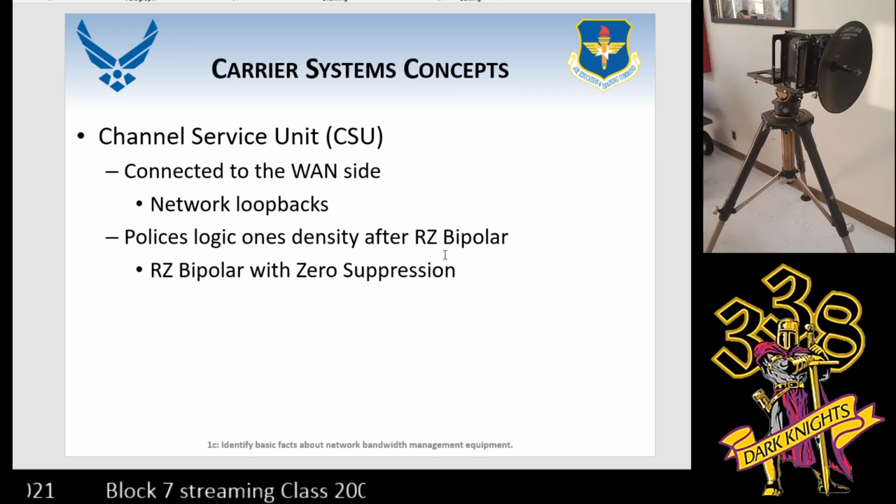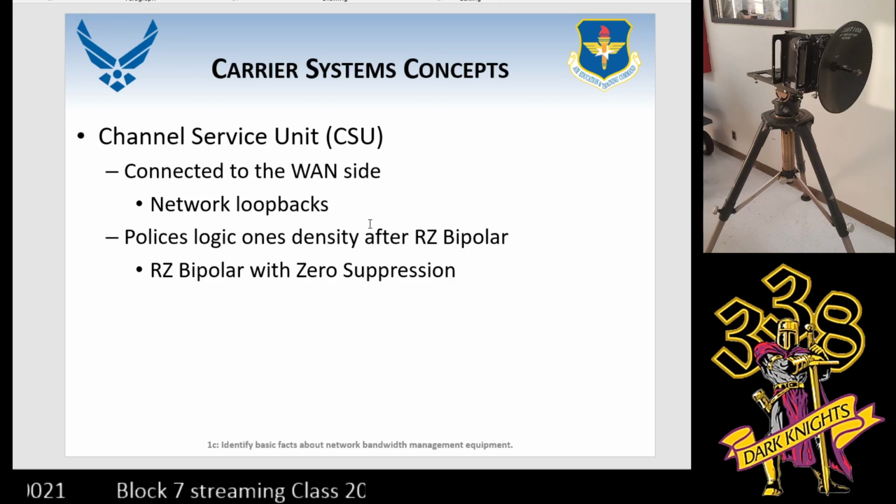This is RZ bipolar with 0 suppression, and it also polices ones density. The network uses that. We don't. We're always the alternate mark inversion bipolar. It is not self-clocking. The RZ bipolar with 0 suppression is.